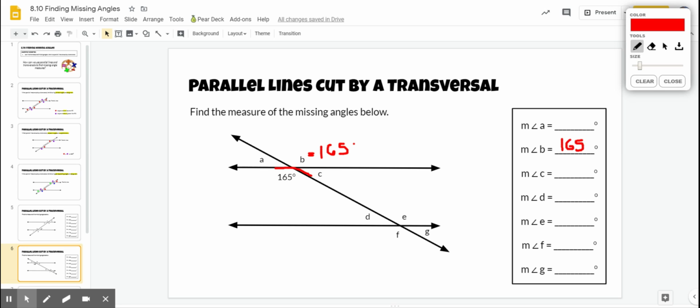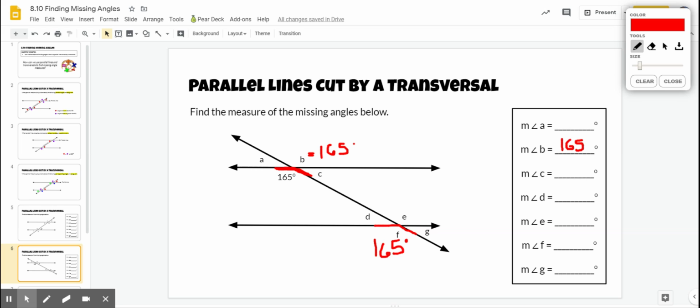Let's look for their corresponding angles. Which angle on the diagram corresponds to this 165-degree angle? So you should have said angle F, which means that if angle F is corresponding, it measures 165 degrees.